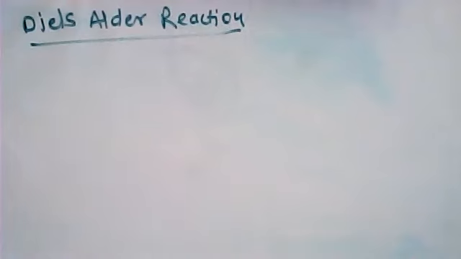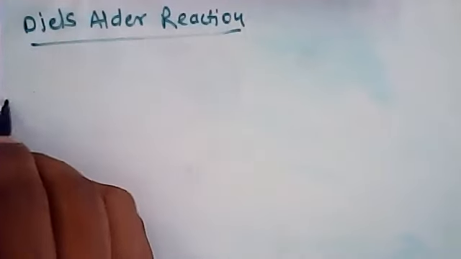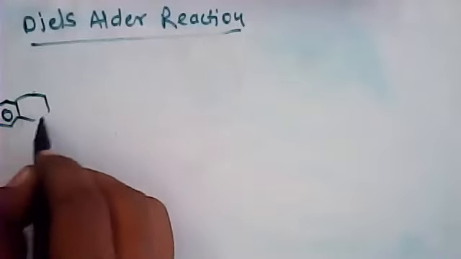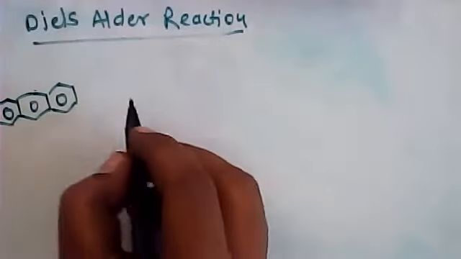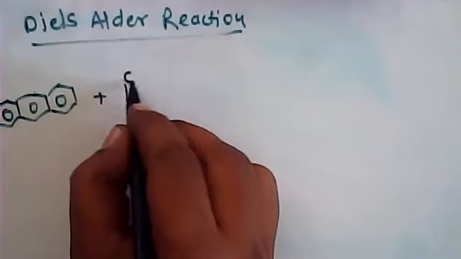How does the reaction proceed? Let us see. First of all, anthracene reacts with maleic anhydride.